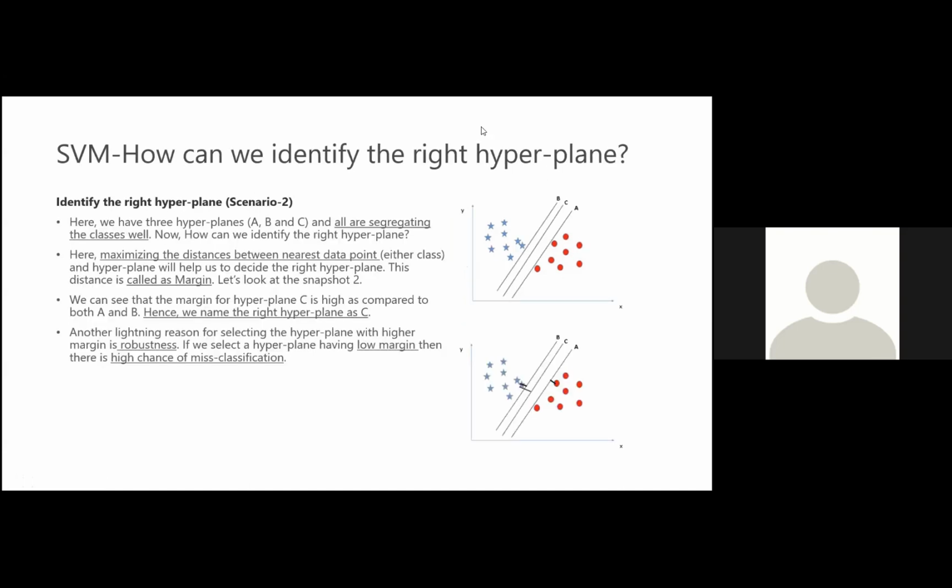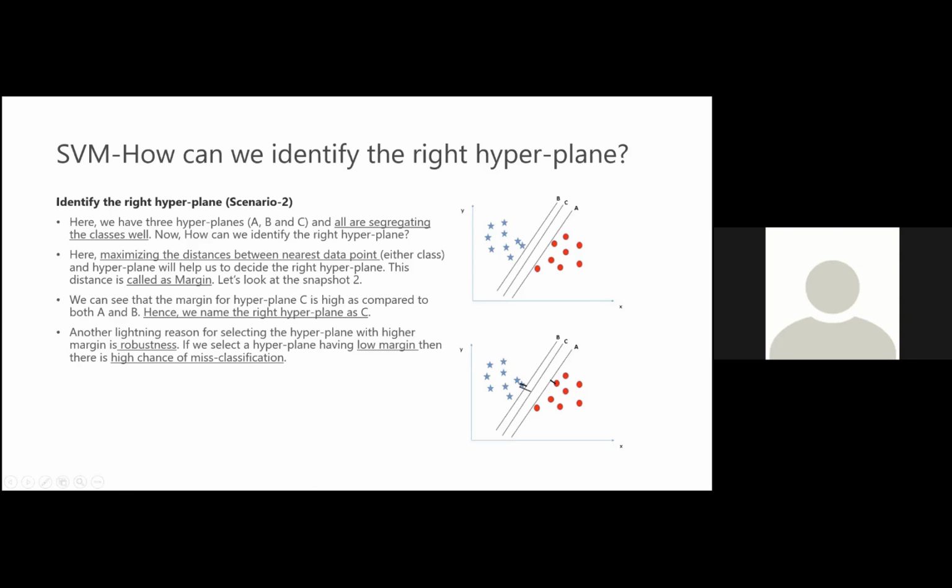Coming to scenario 2, we have three hyperplanes here, A, B, and C. Our goal is to identify the right hyperplane. If you see, all these three hyperplanes are segregating the two classes well, but the right hyperplane is selected based on the margin.